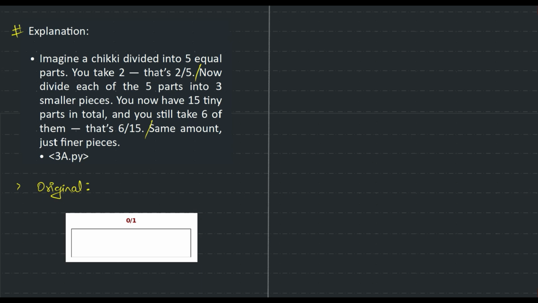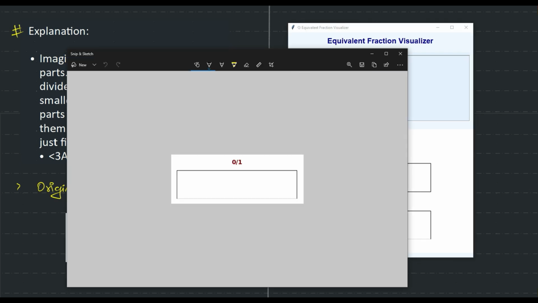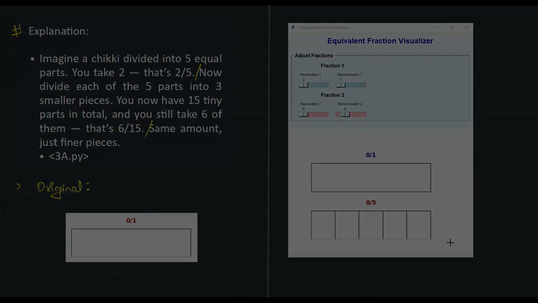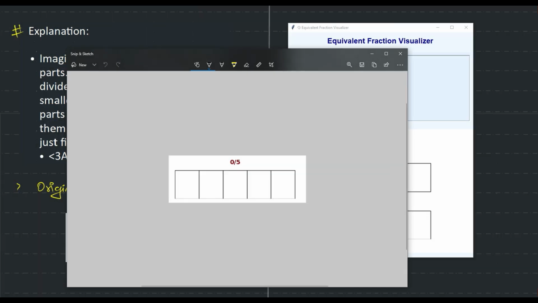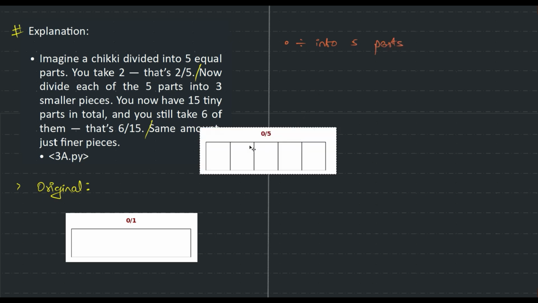Now, there are 5 of you: grandparents and you, and say your dad is not eating, and you and your brother or sister are eating, and so on. So there are 5 people. I have to divide into 5 parts. And I did that. So this is dividing into 5 parts.